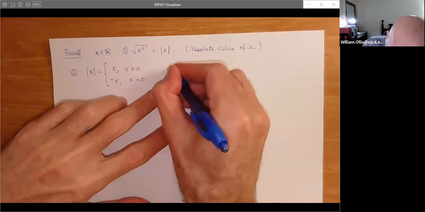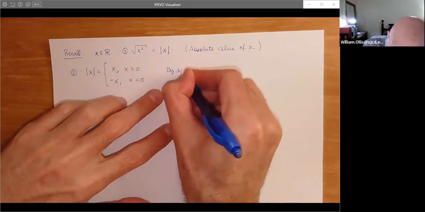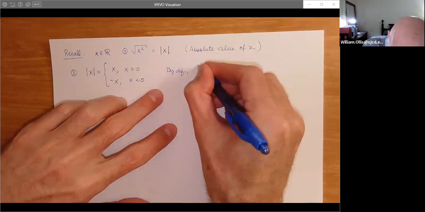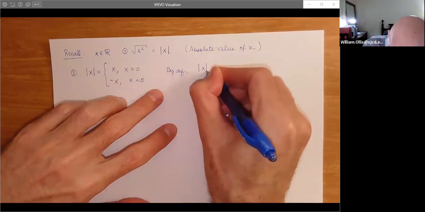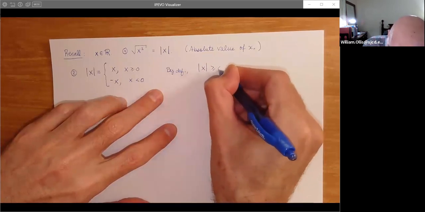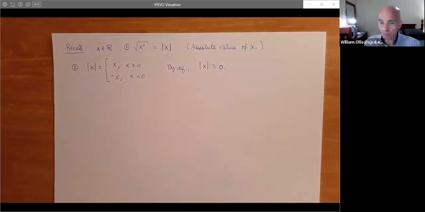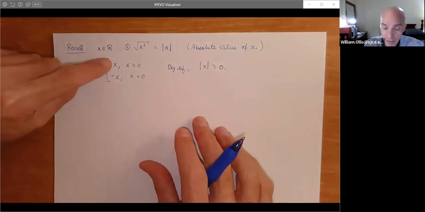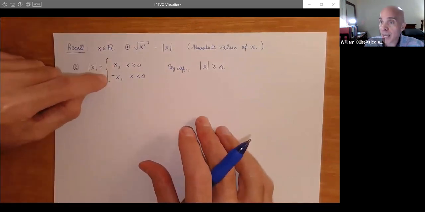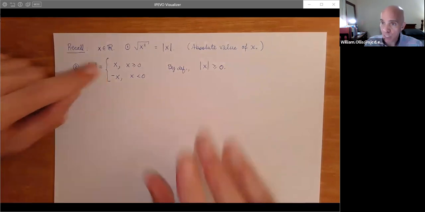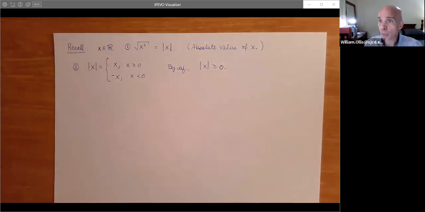So we can say by definition, the absolute value of x is always non-negative, always. And so when you graph it, you get that famous V shape. You basically get two lines, y equals x and y equals the additive inverse of x, which gives you that V shape, okay?